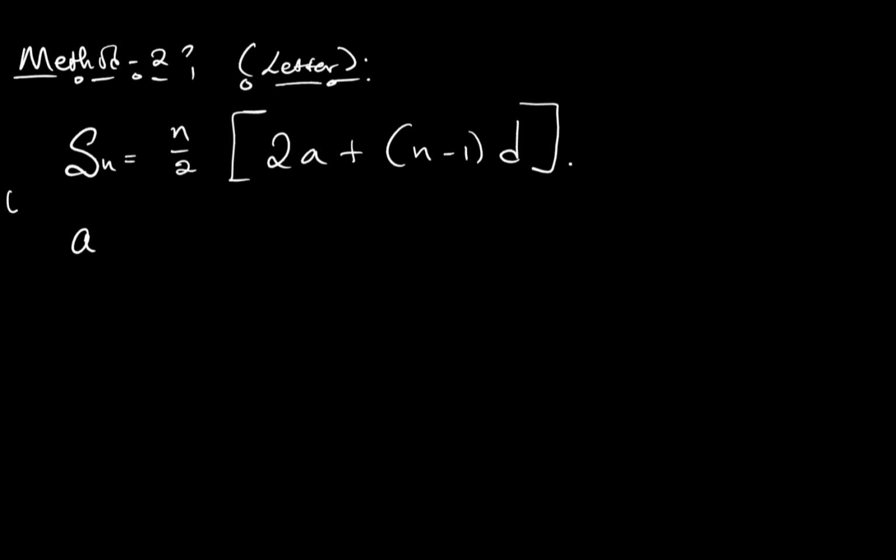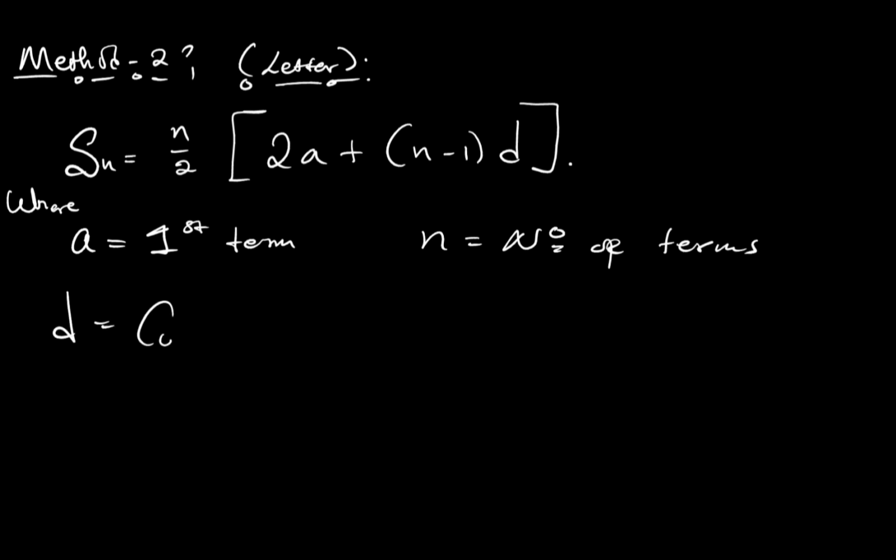We say where a is equivalent to the first term, then n is the number of terms, then d is the common difference, as you can see.